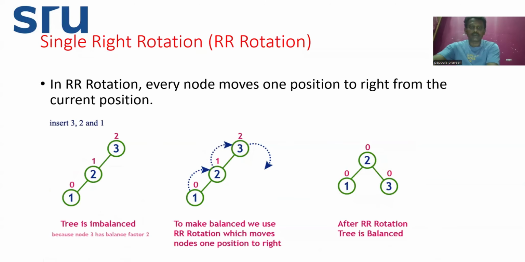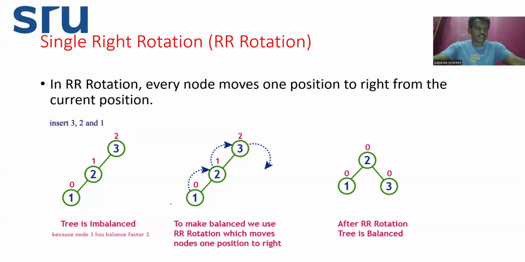Single rotation, right rotation. In right rotation, every node moves one position to the right from the current position. You observe here, this is the left skew tree. Now insert 3, 2, 1. What about 3? 3 is the root node and 2 is less than the root node, so you shift it to the left side.